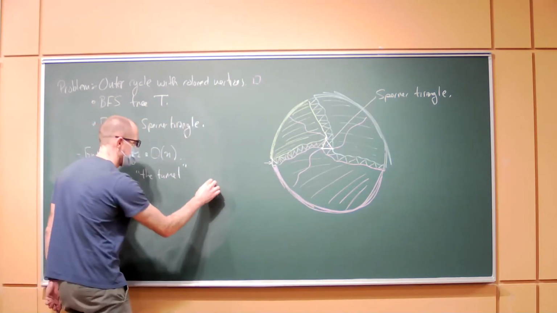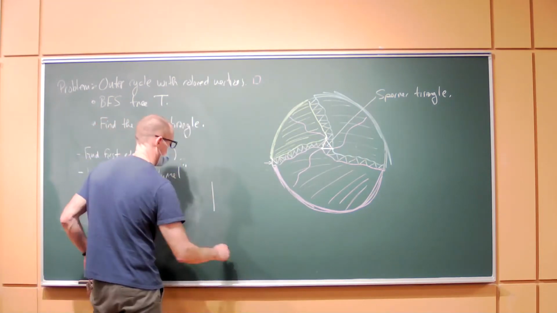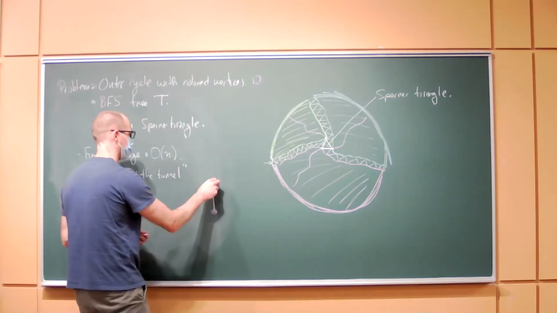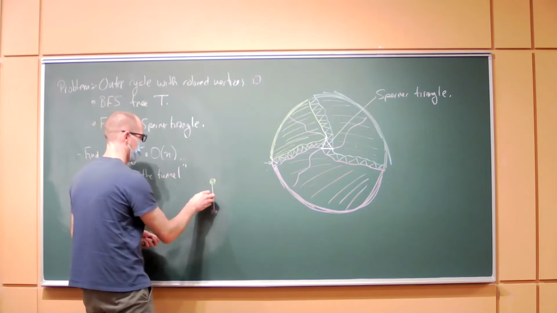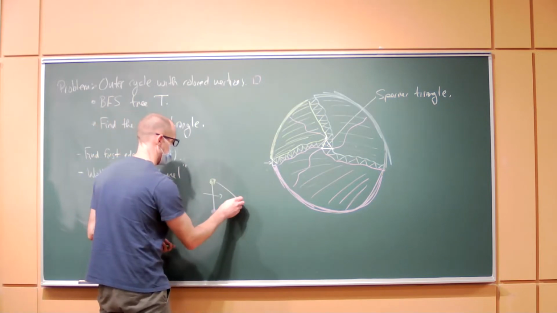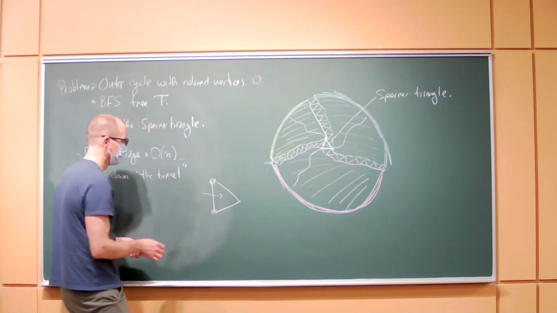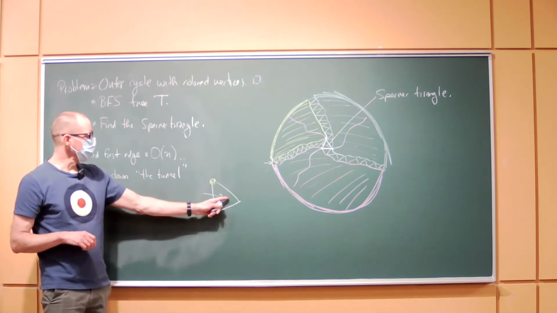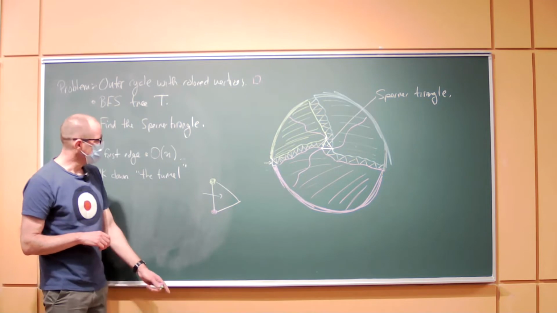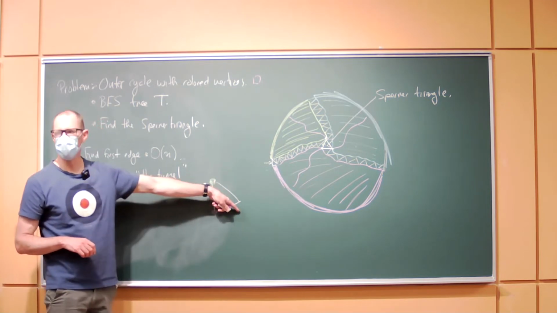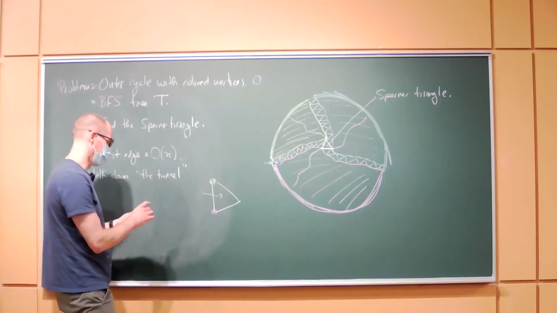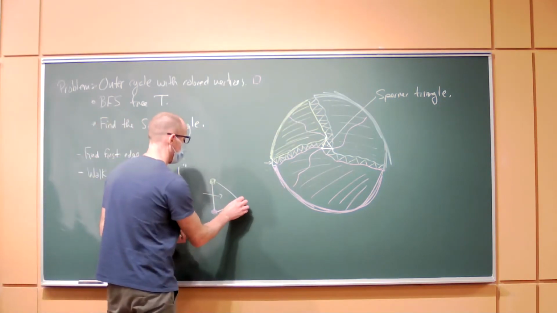Now, to take a step in the tunnel, that's a step into a triangle like this. I need to know if the step is done, if I found the triangle I'm looking for, or if not, which direction I should leave this triangle. Which means I need to know the color of this third vertex.